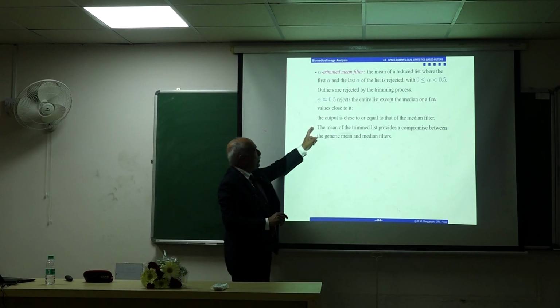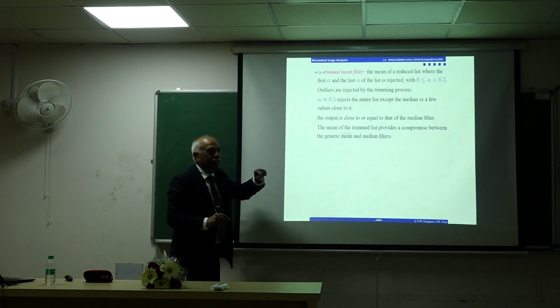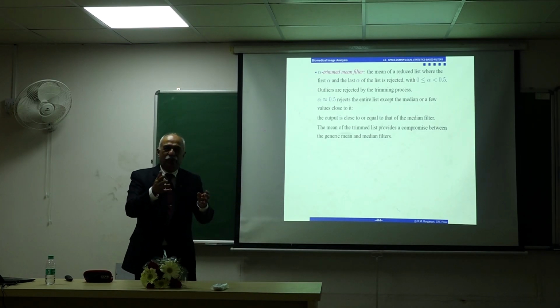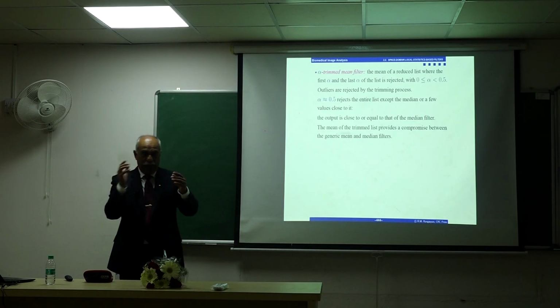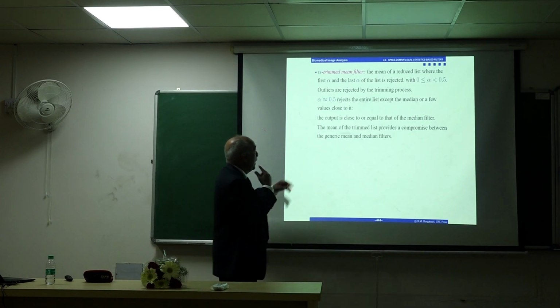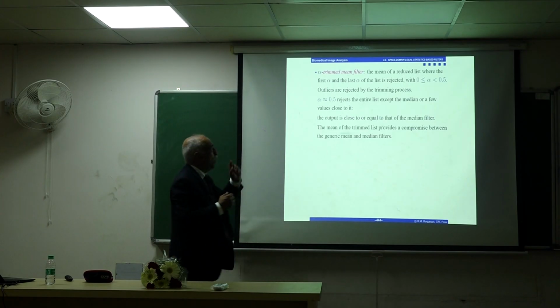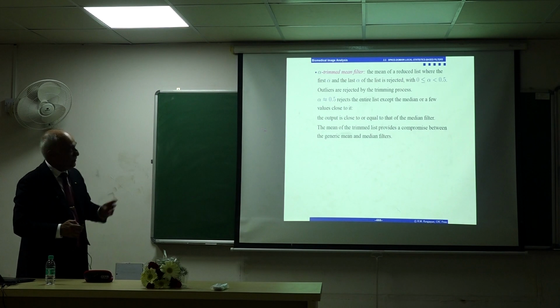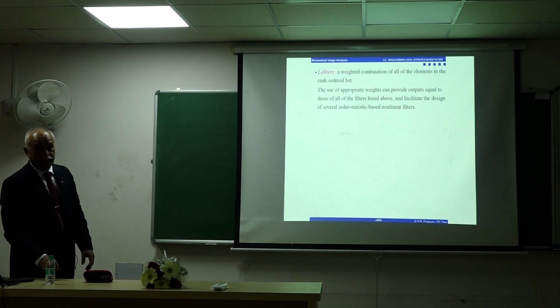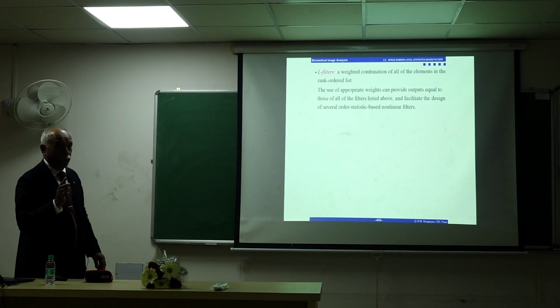The output is close to or equal to that of the median. So if you use alpha equal to 0.4, 0.3, depending upon how many pixels you have in the window that you have chosen, the mean of the trimmed list provides a compromise between the mean and the median. So that's one of the order statistic filters that is flexible.